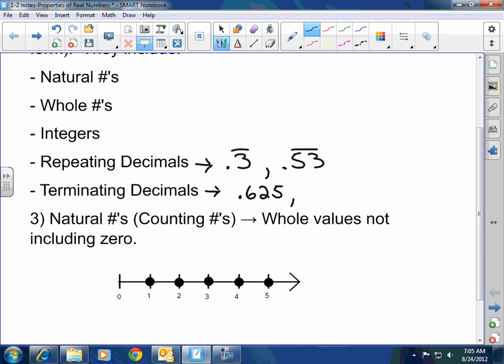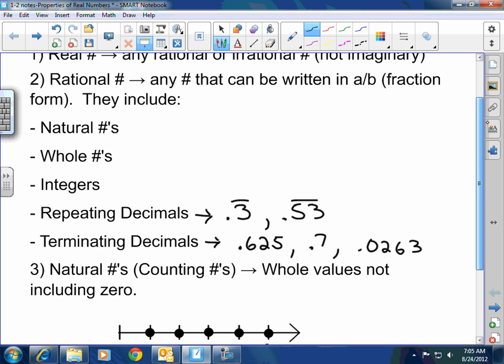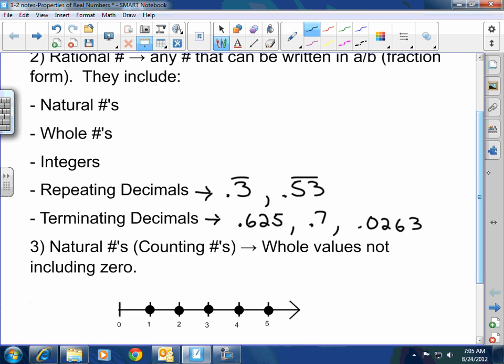It ends. Or 0.7, it ends. Or 0.0263, it ends. It terminates. So again, rational numbers include natural numbers, whole numbers, integers, terminating decimals, repeating decimals.